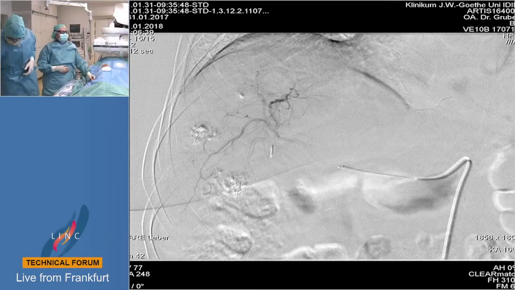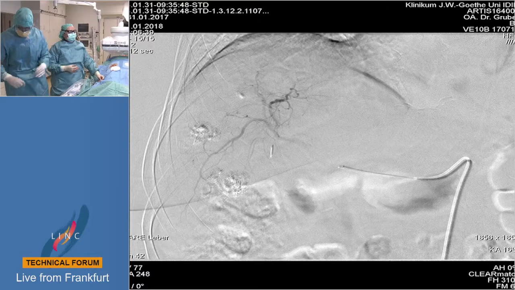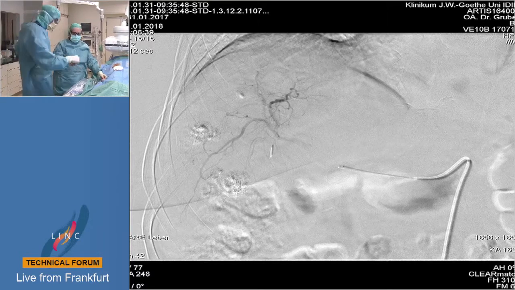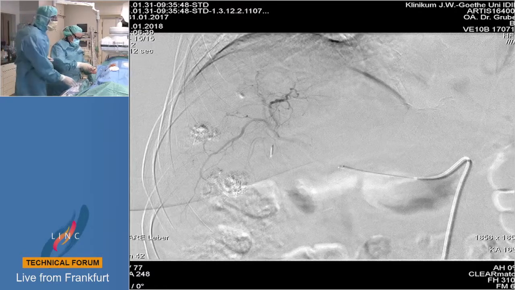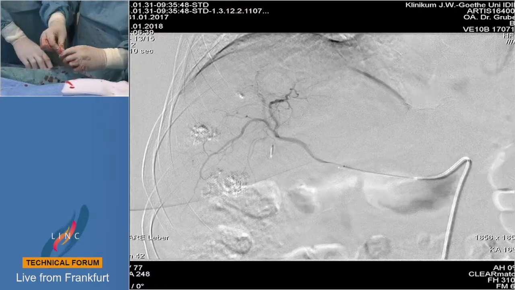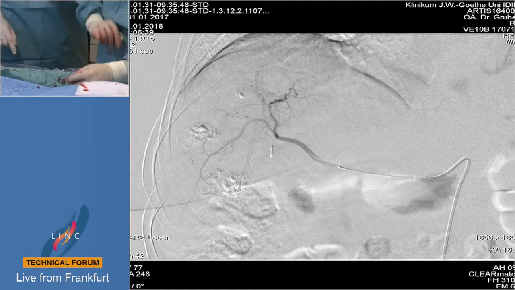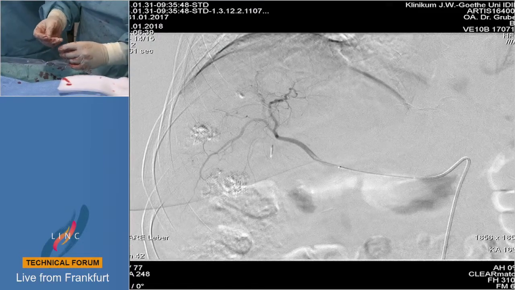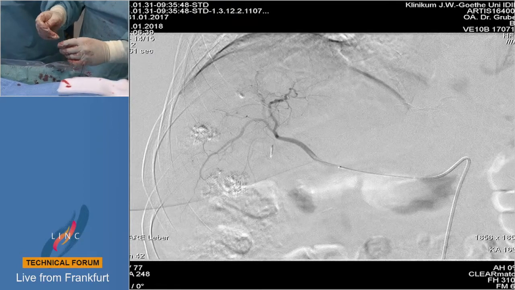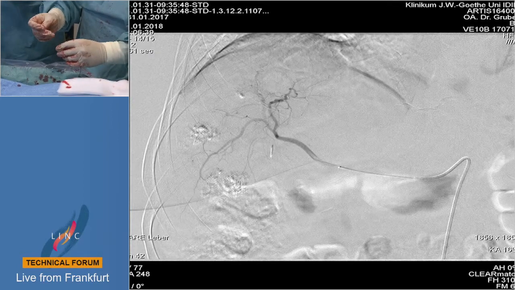So the microcatheter is in the arteria hepatica dextra. Okay, and now you go down to segment 6-5. Yes, I'm not able to see any hypervascularized lesion. Do you use cone beam CT sometimes in patients like this? Yes, the first time, always for the first intervention.